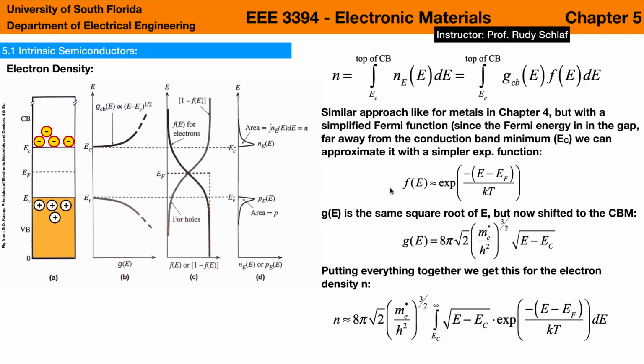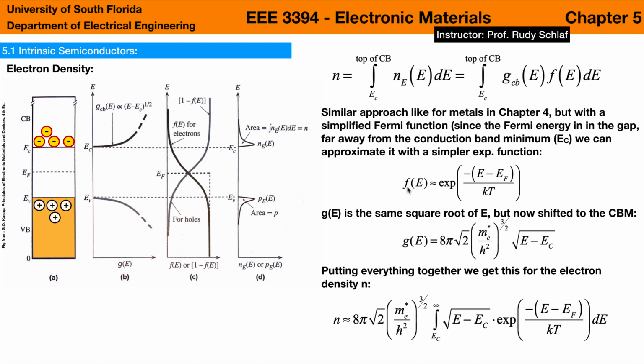The final step on the path to get the electron density is to calculate this integral that we just developed on the previous slide. And so the approach is pretty much identical to what I did in chapter 4 for metals, but because the conduction band minimum EC is pretty far away from the Fermi energy, we can actually approximate the Fermi-Dirac function with a simple exponential function here where it counts for our integral.